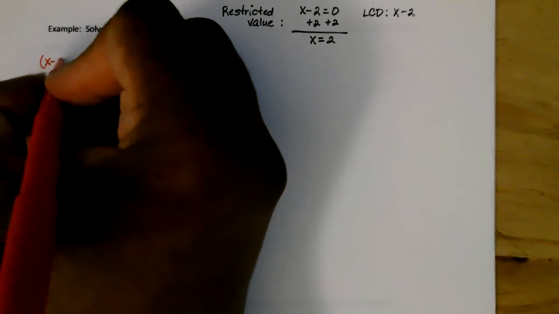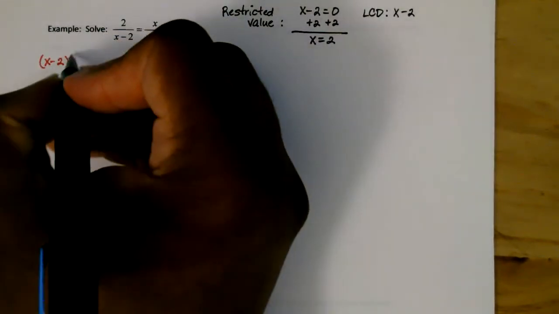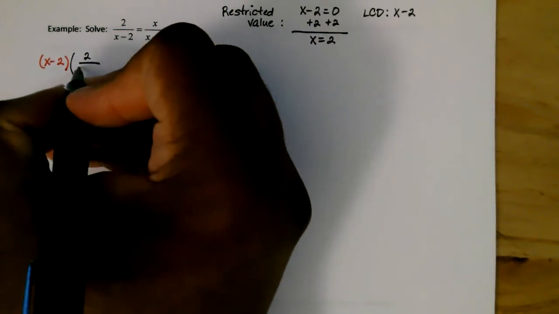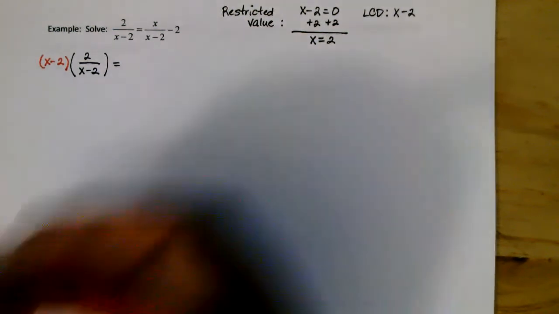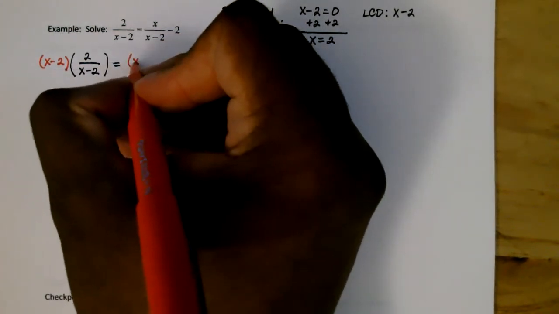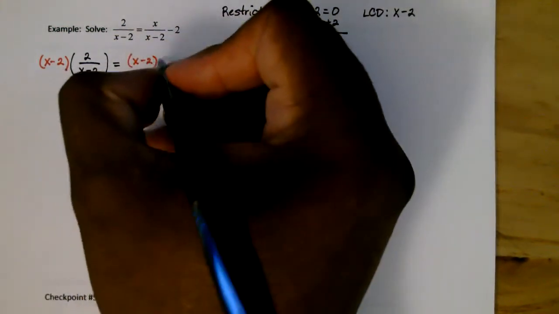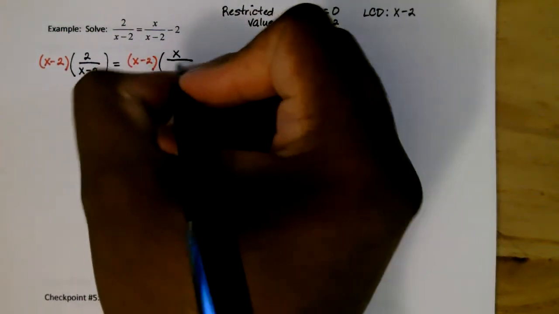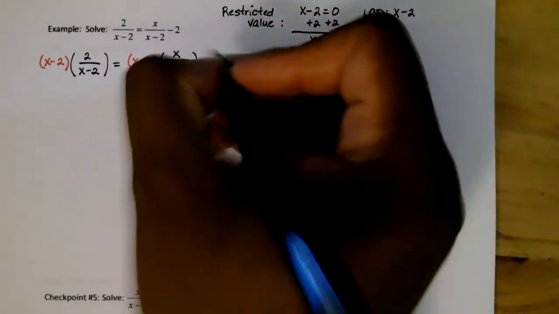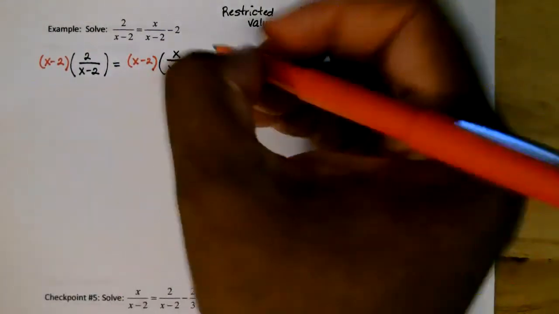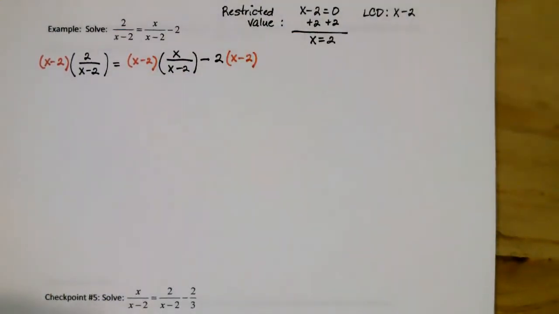The x minus 2 will be multiplied by 2 over x minus 2. That's equal to x minus 2 will also be multiplied by x over x minus 2, minus 2 times the 2 has to be multiplied by x minus 2 as well.